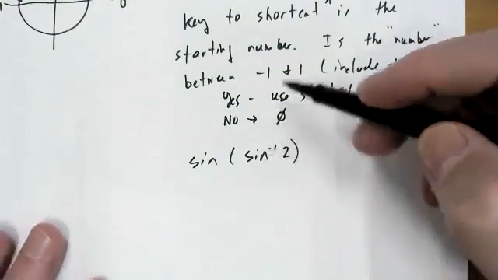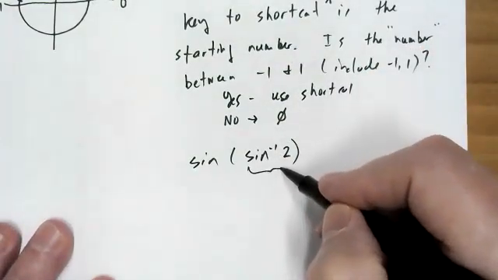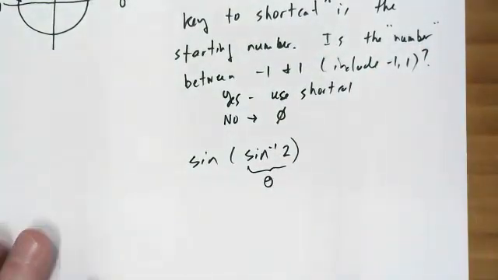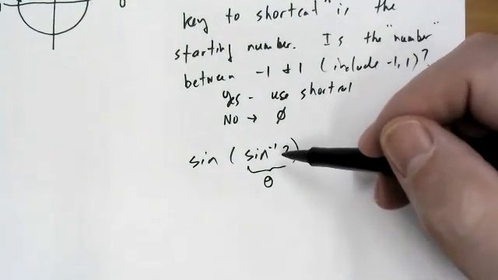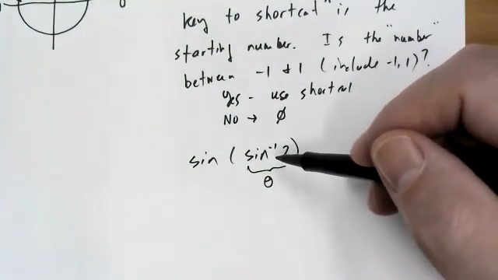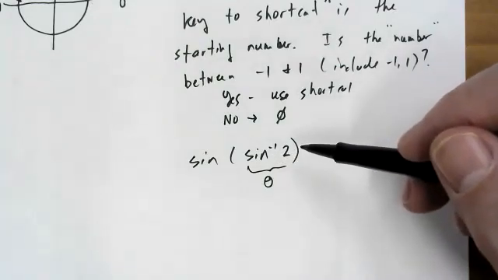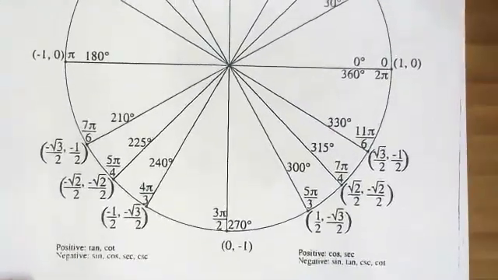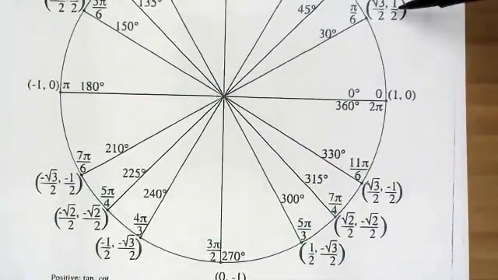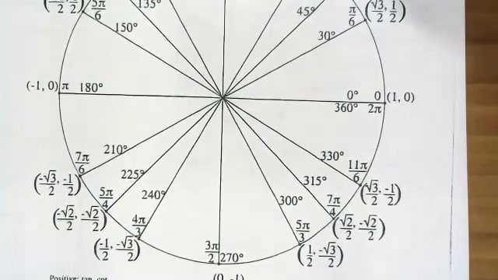All right, so let's do this example the long way. Once again, this is an angle. So I ask myself, I need to go find an angle where the sine is 2. If I go to my unit circle, the sine is always the y value of these points.